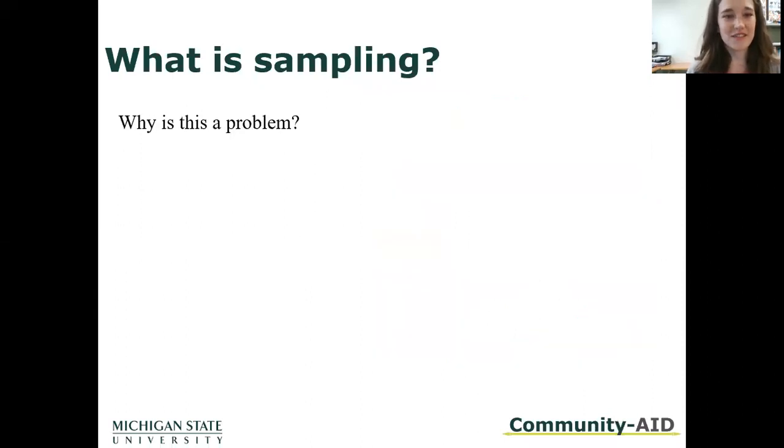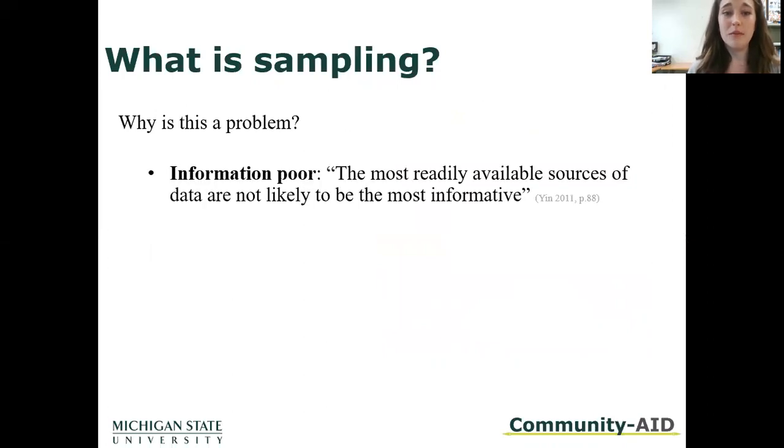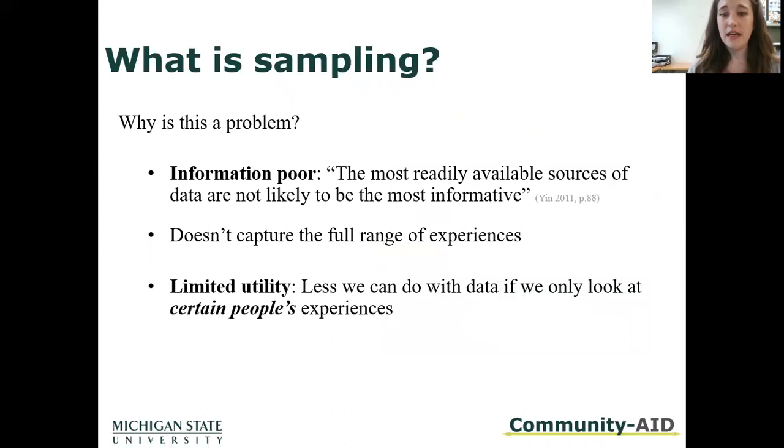And so just further, why is convenience sampling a problem? It doesn't allow us to have the most available data, and it's not going to be the most informative. It doesn't capture the full range of experiences, and there's less we can do with that. So if you think about the standards assessment, if you only ask a certain group of people, it's first not going to give you a full scope of how your school is doing.